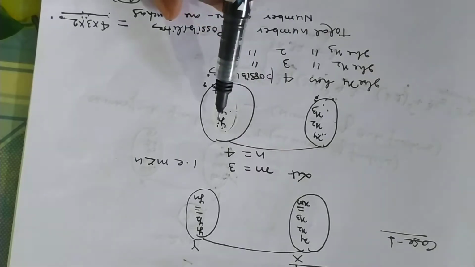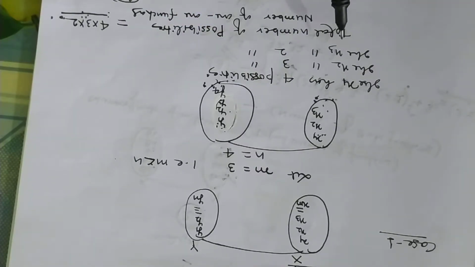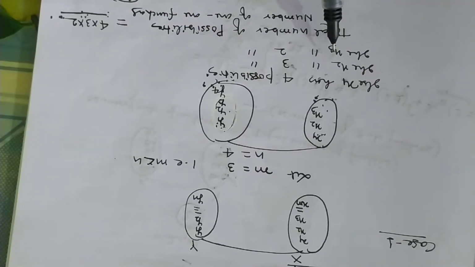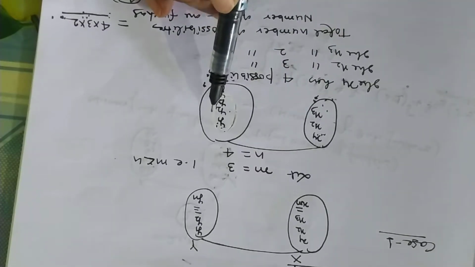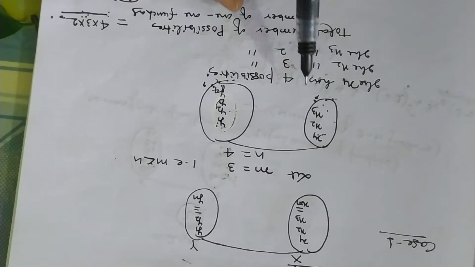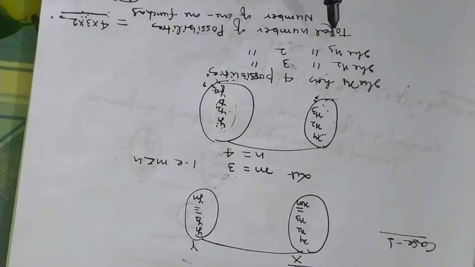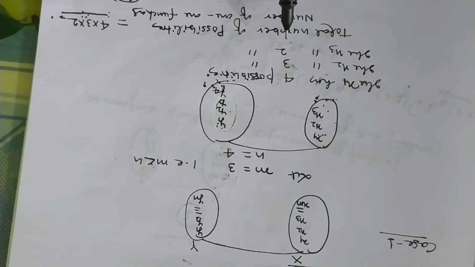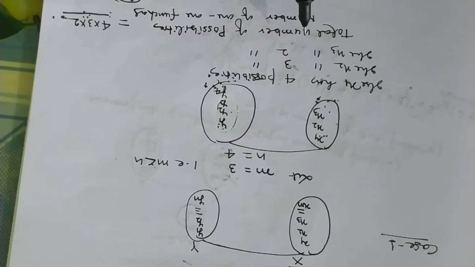So every element of X has how many possibilities? X1 has 4 possibilities. X2 has 3 possibilities. X3 has 2 possibilities. In this way, we will count the possibilities.